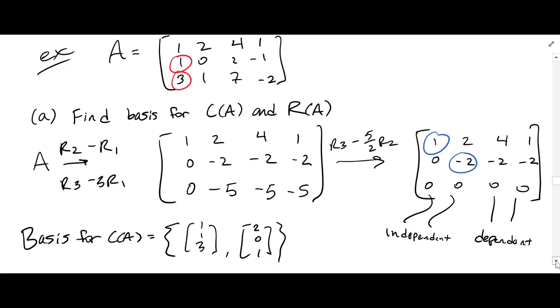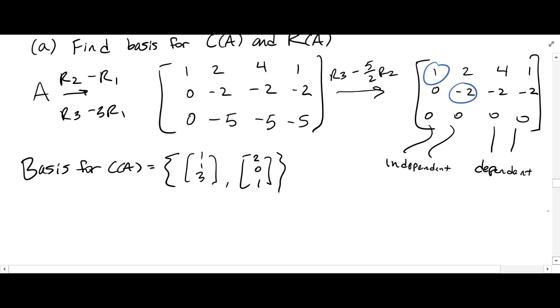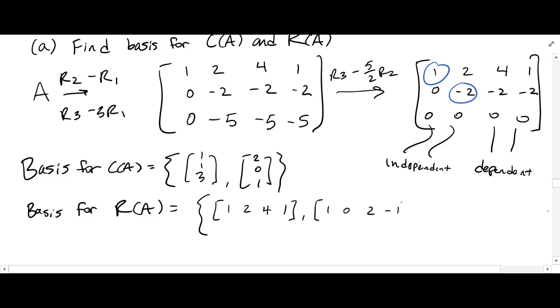And for a basis for the row space of A, just like the column space, the first two rows have pivots, and the third row does not have a pivot. So the first two rows of A are a basis for the row space. You can write them as rows, it doesn't really matter, or you could write them as columns.